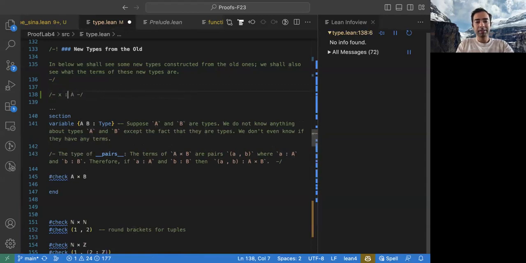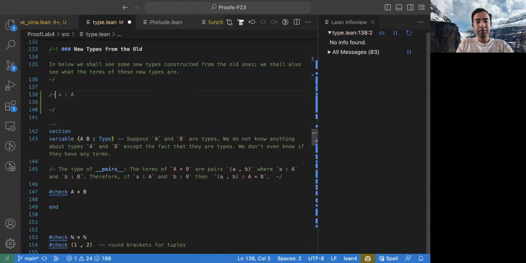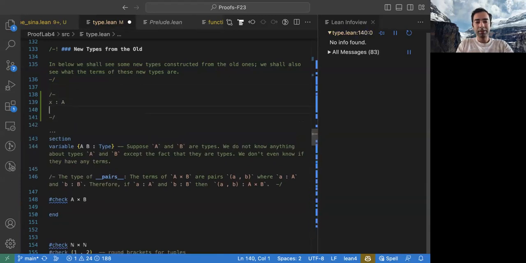Maybe I should write X. Does anybody remember how we understood this semantically? What does this mean? We've already seen a bunch of it, like this one. How did we read this?